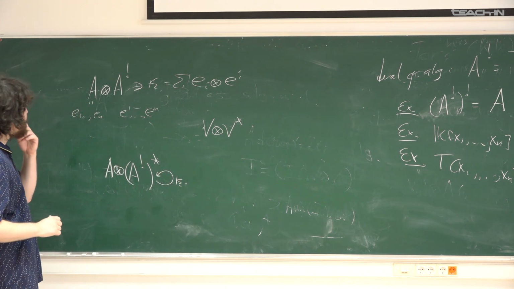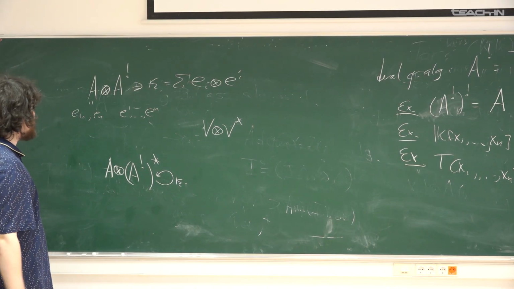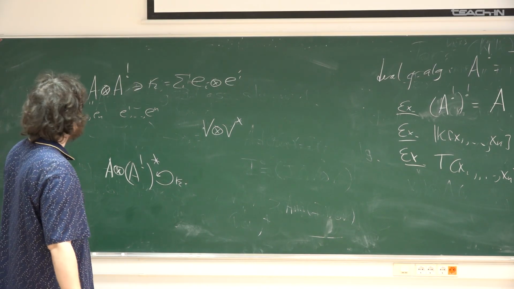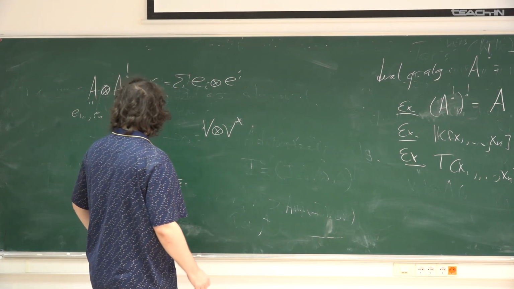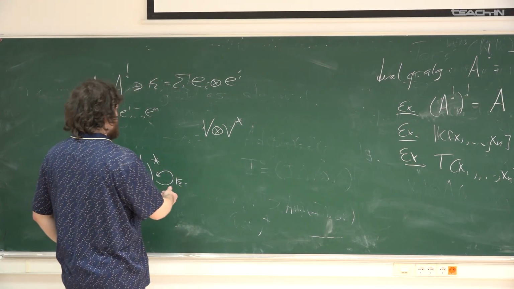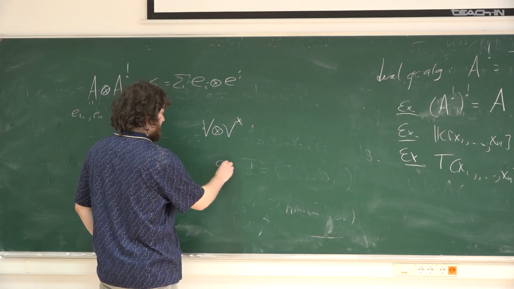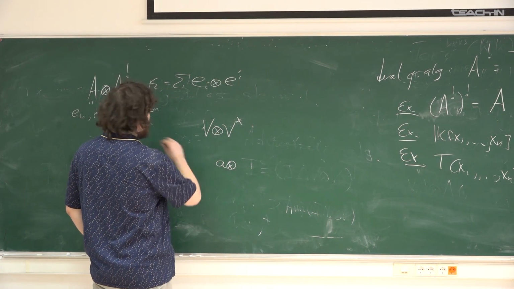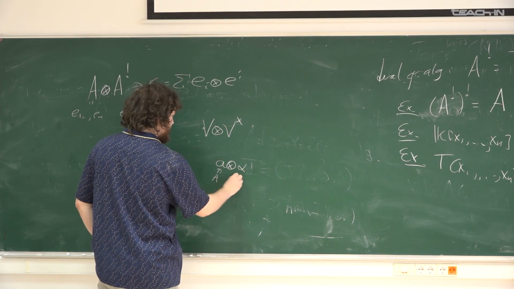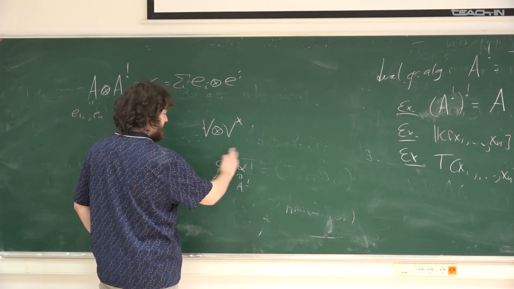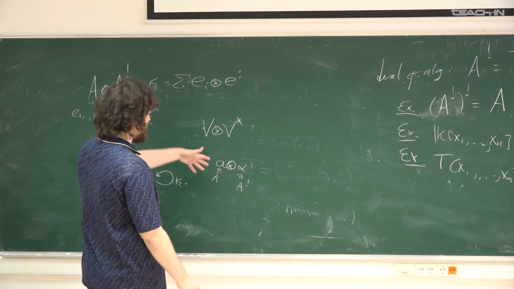If you have some element a tensor alpha, from A and from A dual, it's our Casimir element, a sum of such elements.